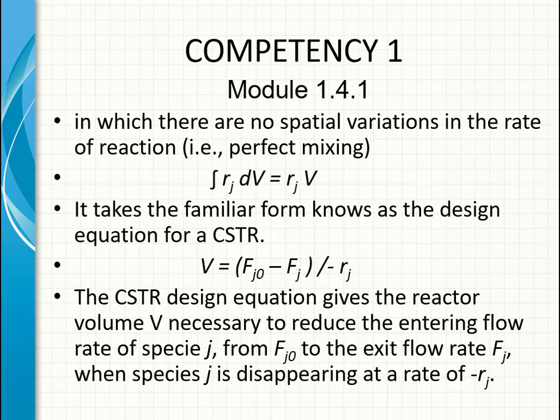In this case, there are no spatial variations in the rate of reaction. That means that all the reactants are perfectly mixed inside the reactor. In that case, the integral of Rj dV becomes equal to Rj times V, because the rate is constant, so we can take it out of the integral.